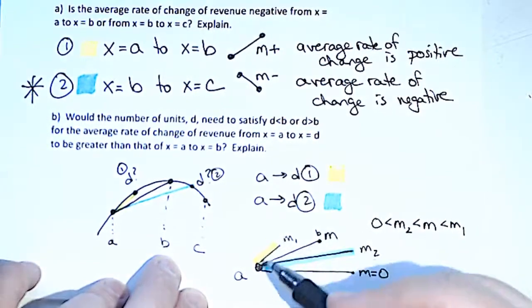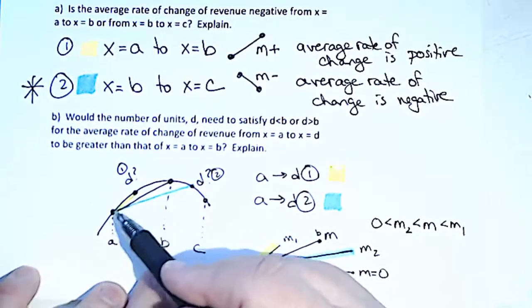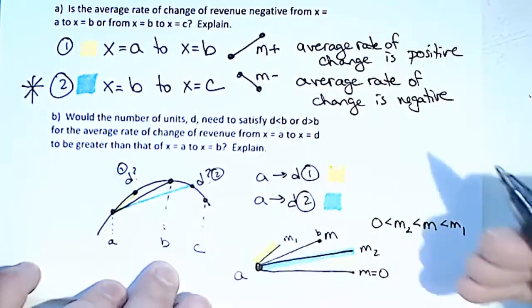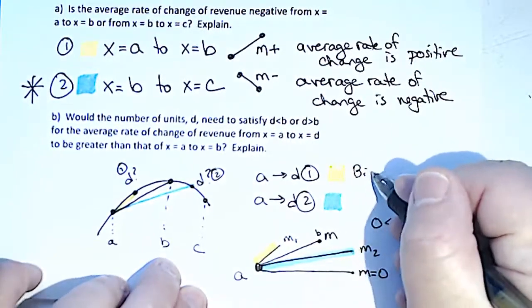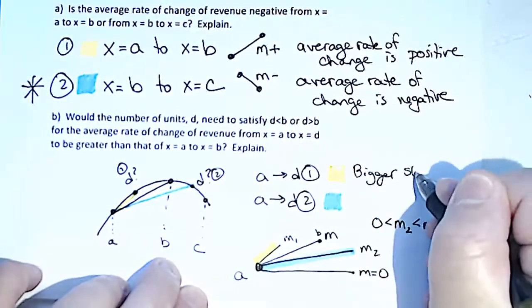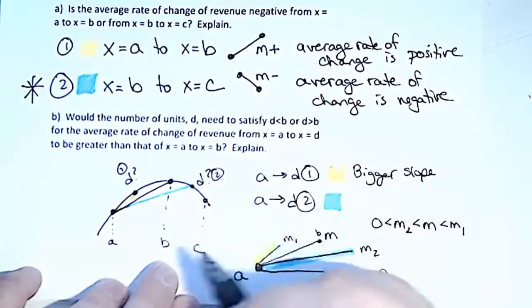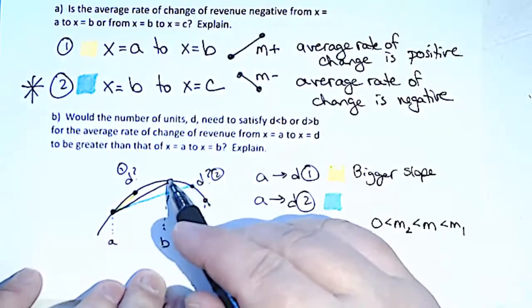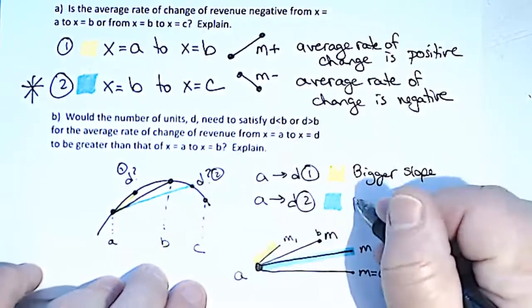So in other words, what it's saying is this slope right here is bigger than that slope. So this D1 is a bigger slope. A to D2, this choice, because it's a little bit further down, is a smaller slope.